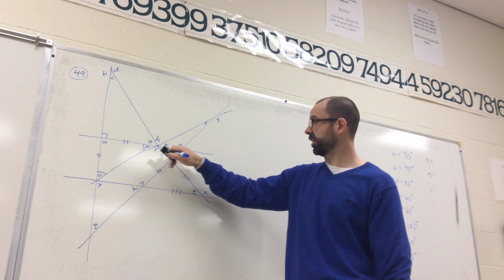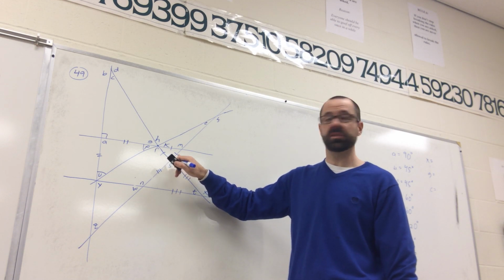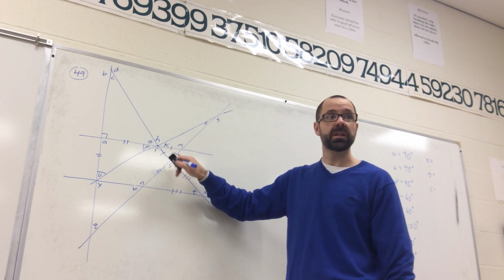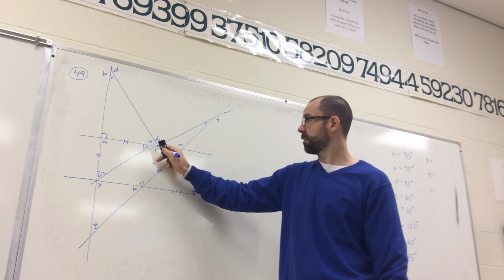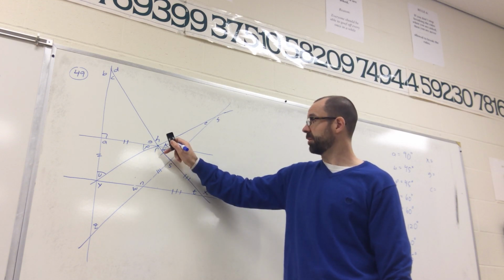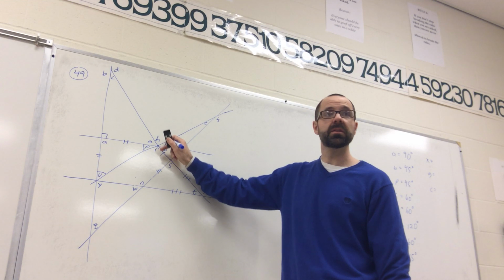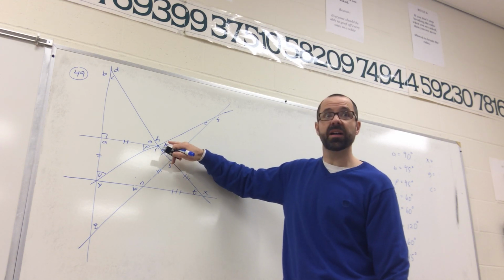So look at this triangle here. That's an equilateral triangle because all three sides are marked as equal. So that means this angle is 60. And K was 45. So that means this is 105. That's 60, that's 45. So this is 105.